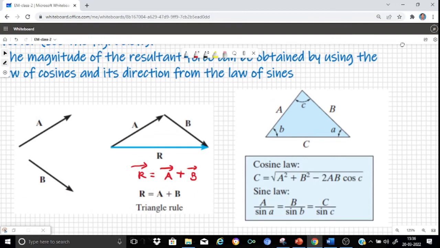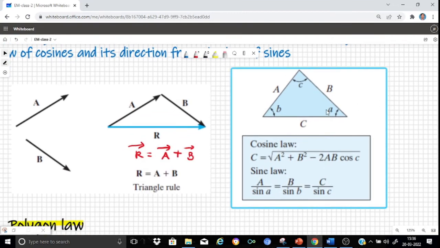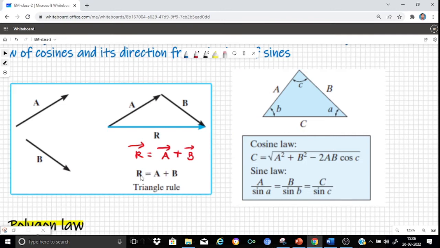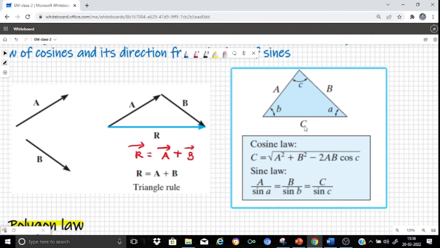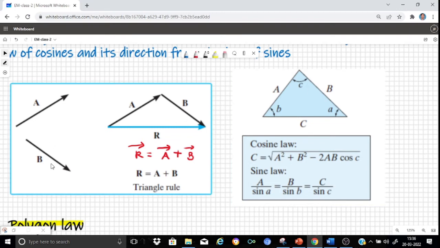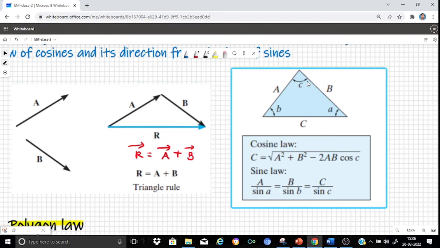So this simple sketch tells you, using trigonometry and the so-called triangle law, how you can obtain the magnitude of the resultant. Let us say that C is the magnitude of vector R. So how to obtain C? You know A and B, that is the magnitude of vectors A and B, and obviously you know their directions.